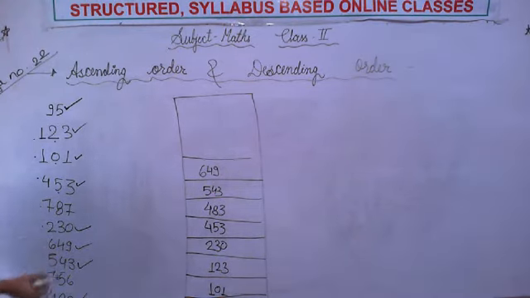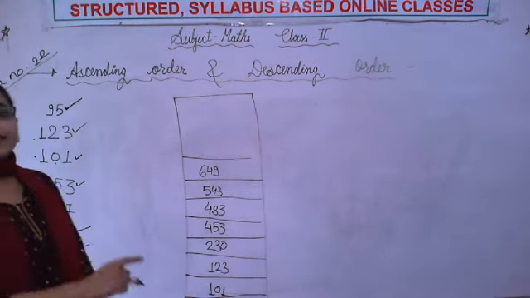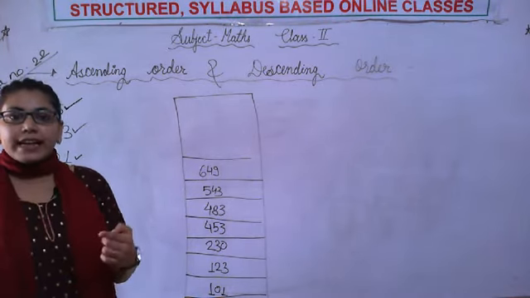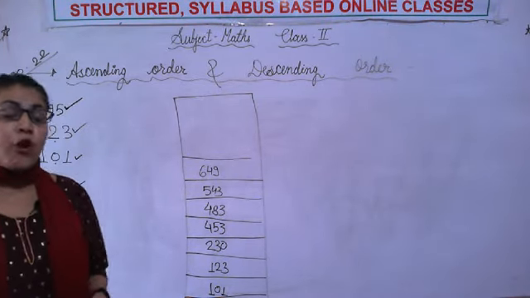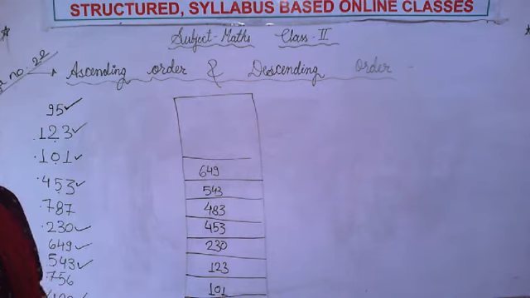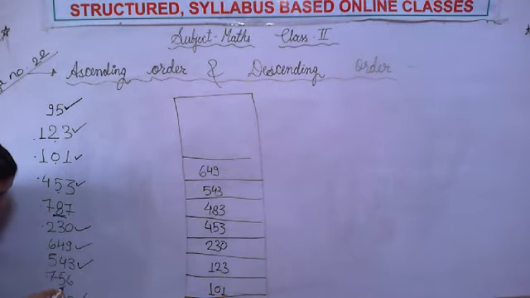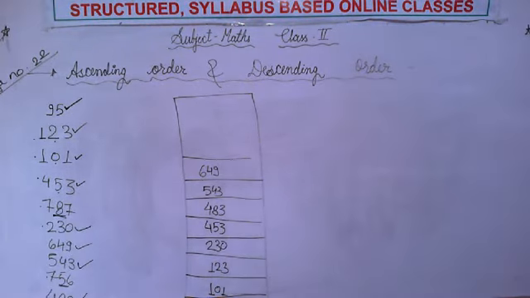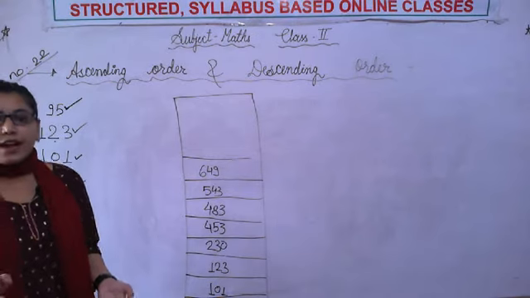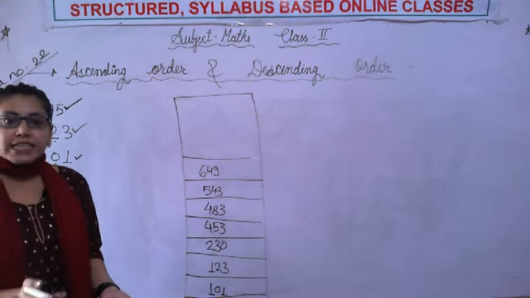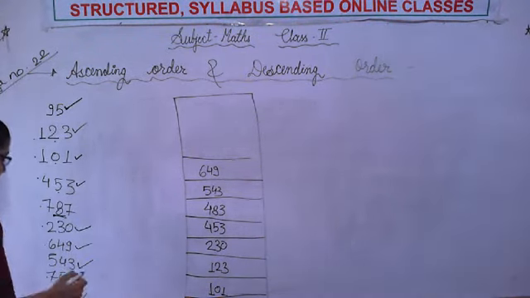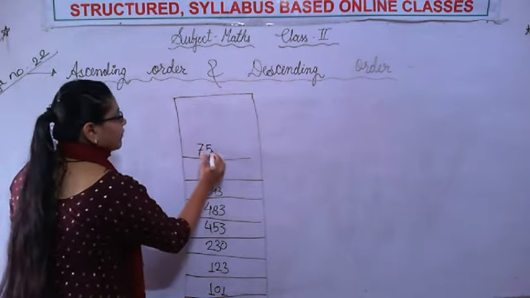Now 756 and 787. Both the numbers are having 7 at the hundreds place. Now what we will do? We will check for tens. Here 8 is written at the tens place and here 5 is written. So 8 or 5, which one is smaller? Yes, 5 is smaller. It means we will write 756.